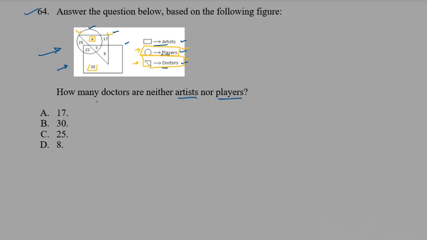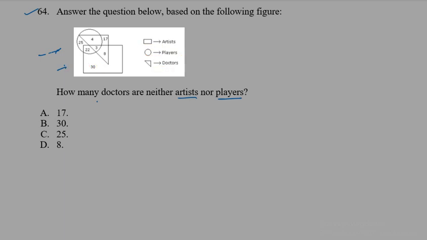Similarly, let us consider this 30. This 30 does not belong to the circle, nor to the triangle, but only to the rectangle. So these are only artists, and not players or doctors. This was the basic idea of the diagram.